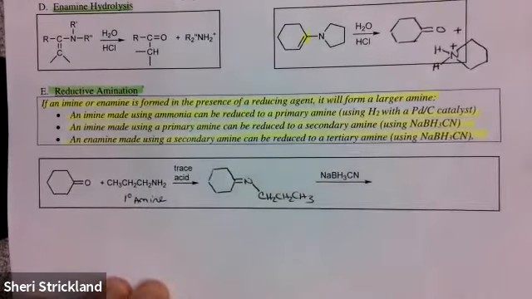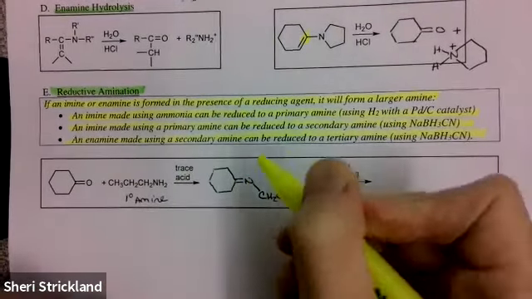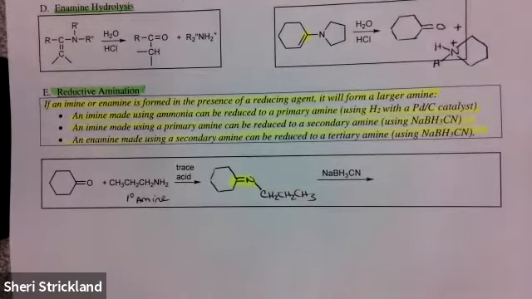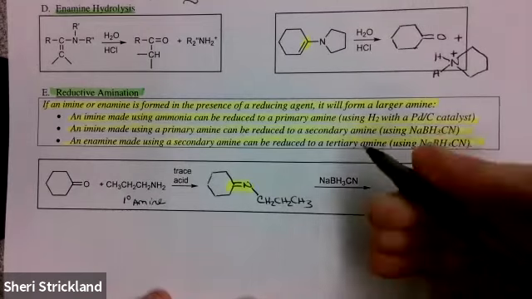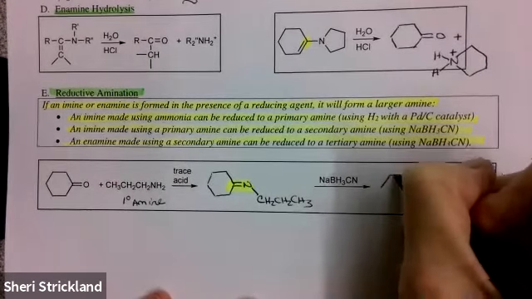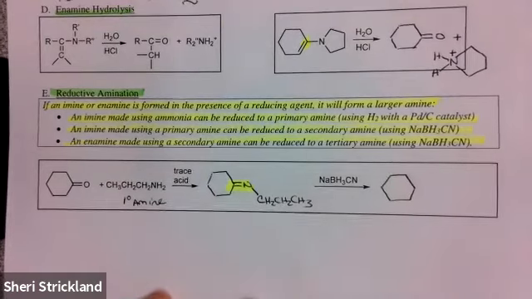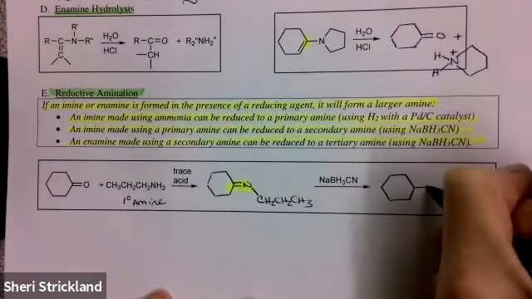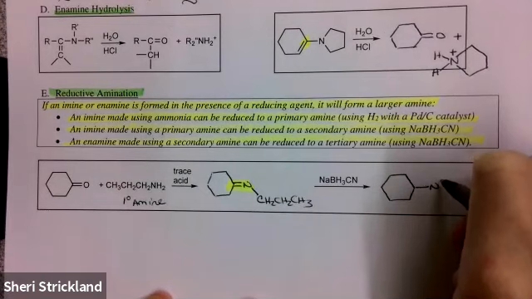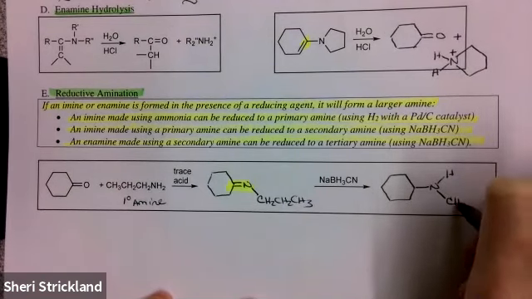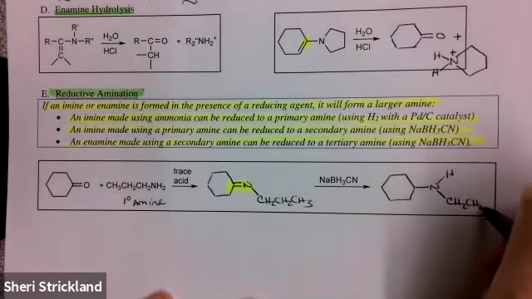And then the reduction is with the carbon-nitrogen double bond. So there's hydrogen added both to the carbon and to the nitrogen. So there's the hydrogen added there, and then the alkyl group is just the same.